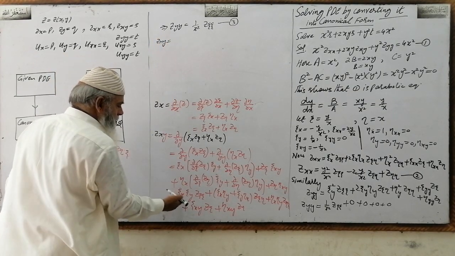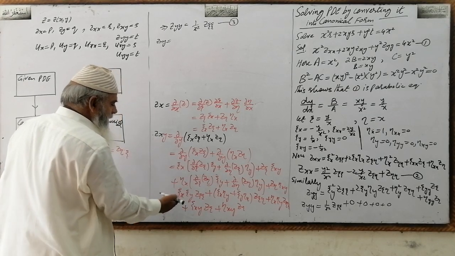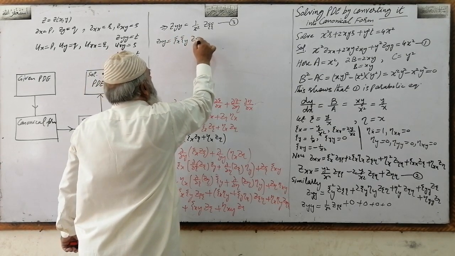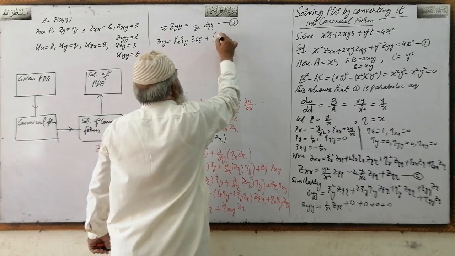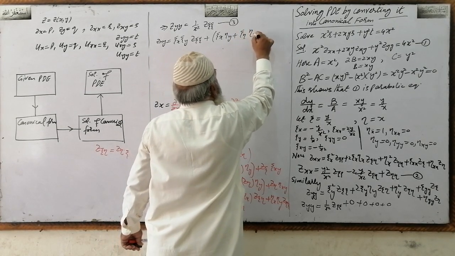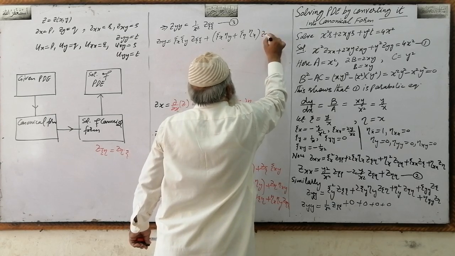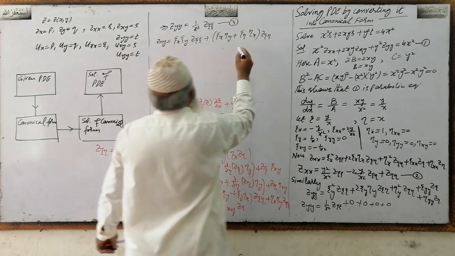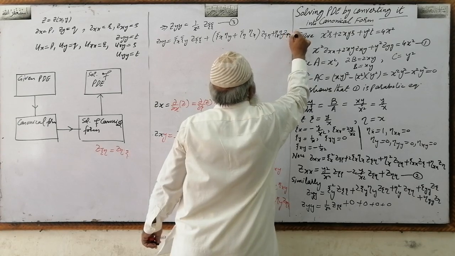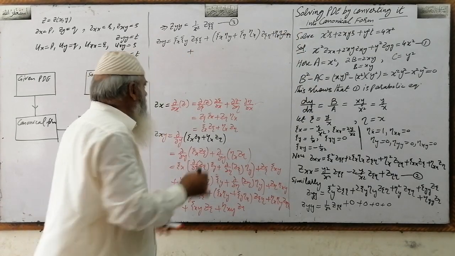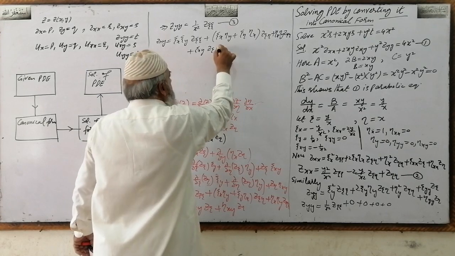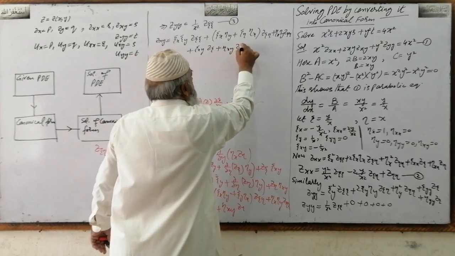Zxy is equal to ξx ξy z double ξ plus ξx ηy plus ξy ηx zξη and plus ηx ηy z double η, and finally these two terms ξxy zξ plus ηxy zη.